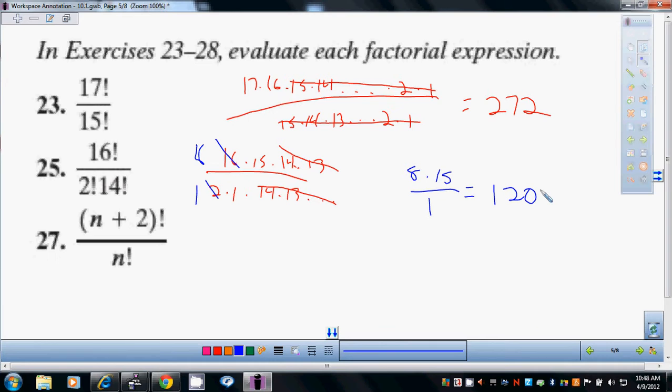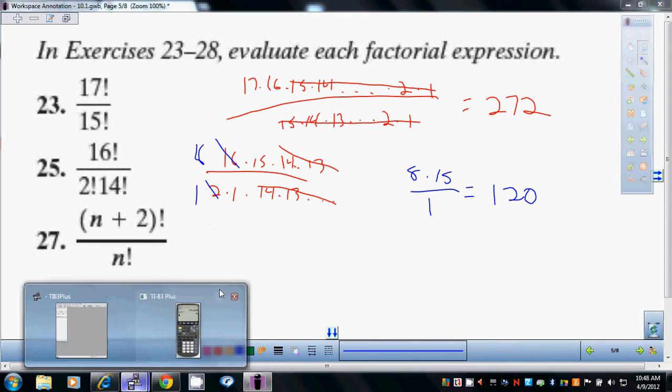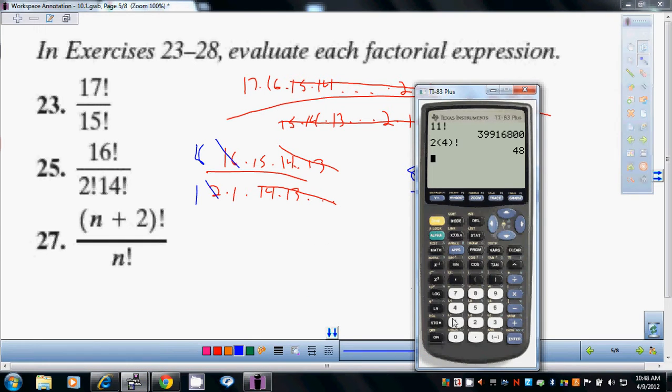I think you would just need to put the entire denominator in parentheses. Other than that, I think you should be okay. Yeah, let's do it together. So that'd be 16 factorial divided by quantity.